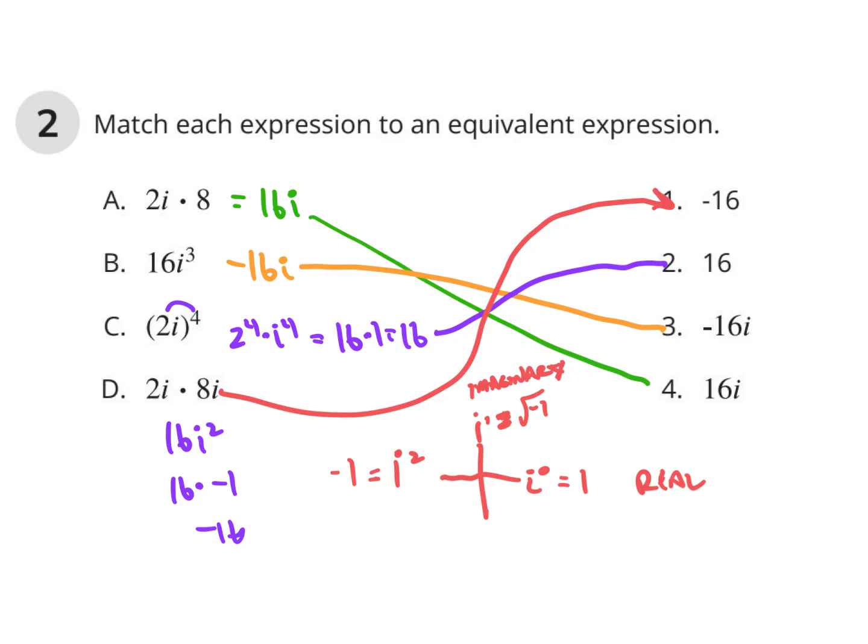Okay, and then i cubed is the last of the original i's, and i cubed is equal to -i. And then we come back around.